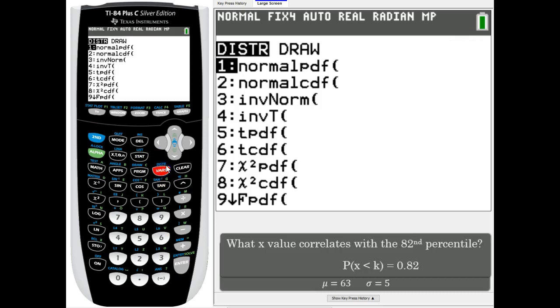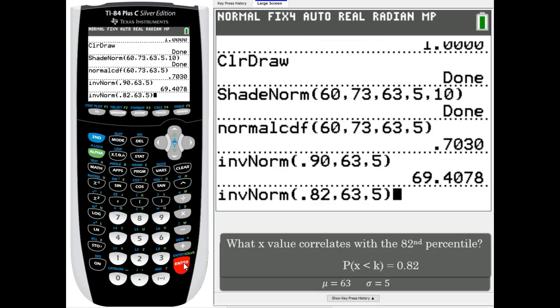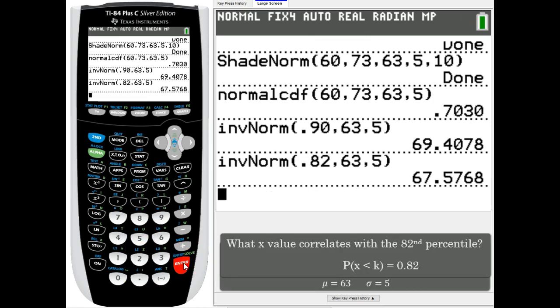Second, vars, inverse normal, and you wanted to be the 82nd percentile, so 0.82. The rest is the same, 63 for your average, 5 for your standard deviation. So you must score 67.5768 to be in the 82nd percentile in your class and keep your A grade.